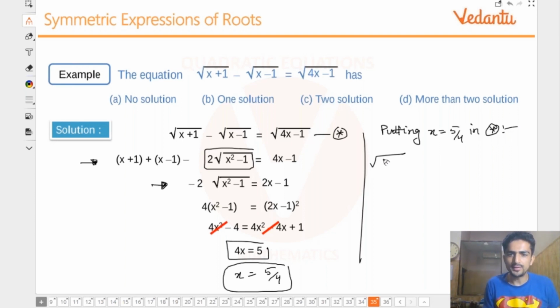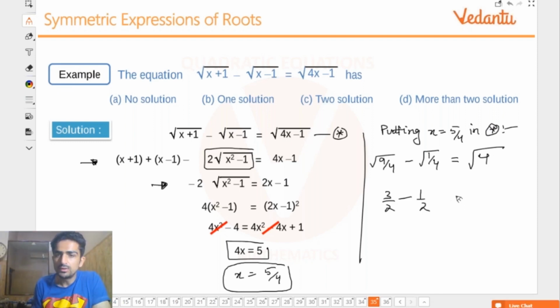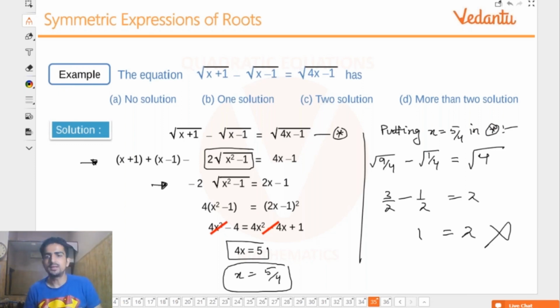Root of 5 by 4 plus 1, that is root of 9 by 4, minus root of 5 by 4 minus 1, that is 1 by 4, equal to root of 4x, that is 5 into 5 minus 1, 4. So this is 3 by 2 minus 1 by 2 equal to 2. That is 1 equal to 2. Wrong. I'm going to explain why this is happening. So basically it is rejected, and the answer is no solution.